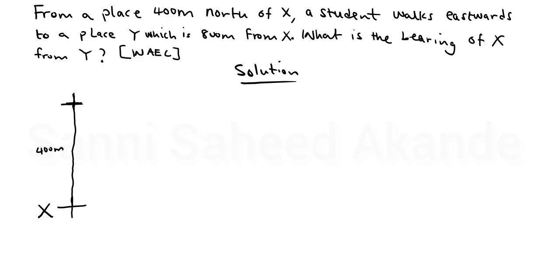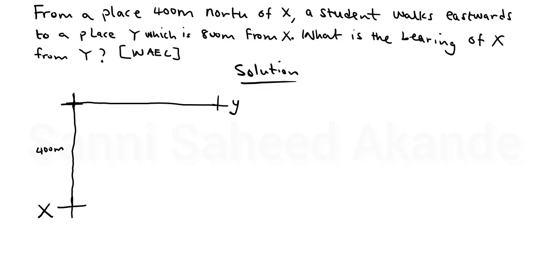So a student walks eastwards to a place Y. So you see, this is my east. All right, so I'm going to move in that direction now. So I move eastward to a place Y. I'm going to move and move and move until I get to a point Y. Okay, so this is point Y. Understood?